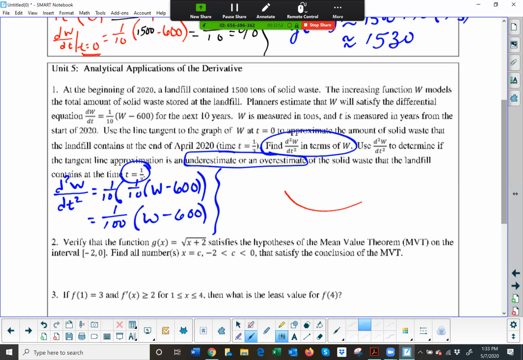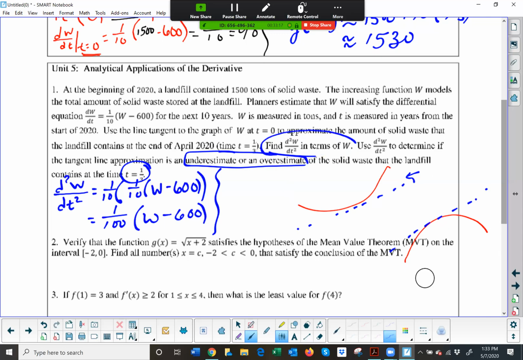If I know concavity, then I can determine whether my tangent line is going to underestimate in a concave up scenario or overestimate when I have a concave down scenario. So the whole meat of the question is, am I concave up or concave down at t equals 1/3?